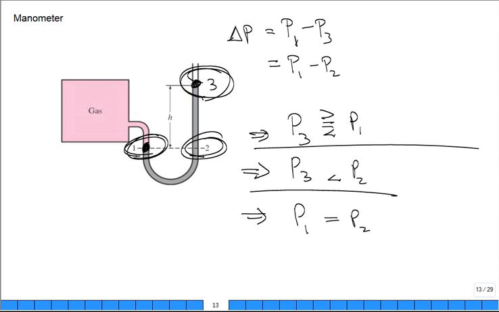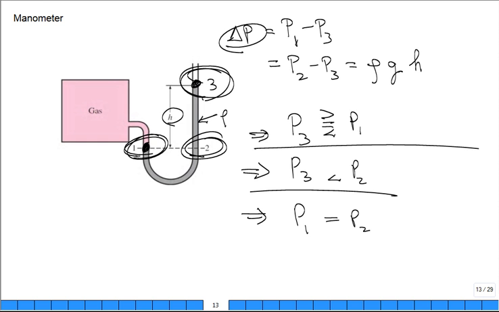Is it P2 minus P3? Is that equal to rho of whatever fluid is in the manometer, times g times h? It is. There you go. So really a manometer is used to measure pressure difference, and it's density, gravity, and difference in height in the manometer.